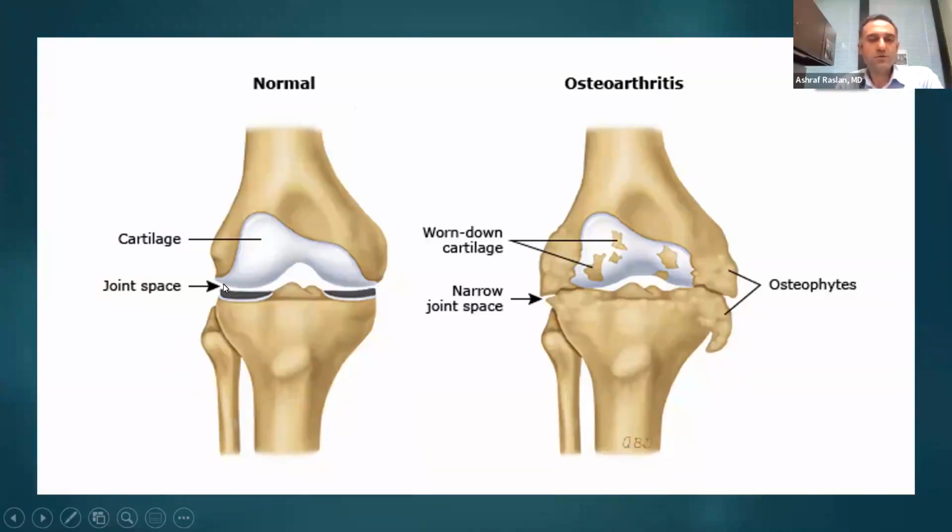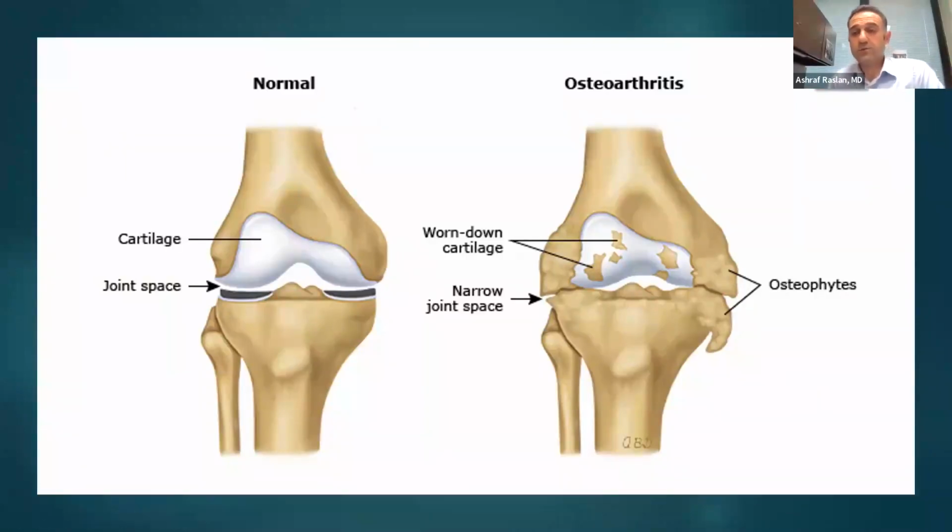Now there is the joint space that is supposed to be basically a viscous thick material that is supposed to help keep the joint more flexible and also keep the separation between the bones. It works as a cushion as well, so it decreases pain with activity. Now, if we look at your right-hand side, we see an osteoarthritic joint, and this is advanced osteoarthritis.